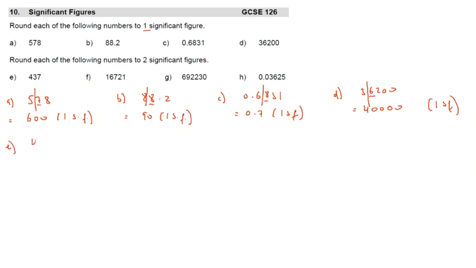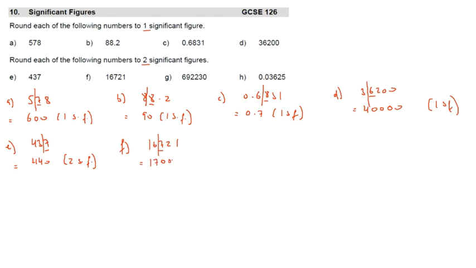E, 437. This time, look, it's 2 sig figs. Well, no problem. 1, 2, cut. 440. 2 sig figs. Next one. 1, 2, cut. 7 means round up.